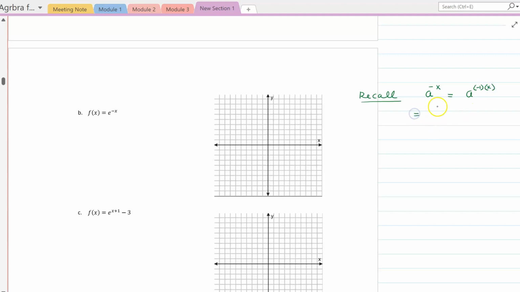And it's the same as saying 1 over a^x. So this is the same as saying we're looking at the graph of 1 over e^x. This graph reflects across the y-axis.